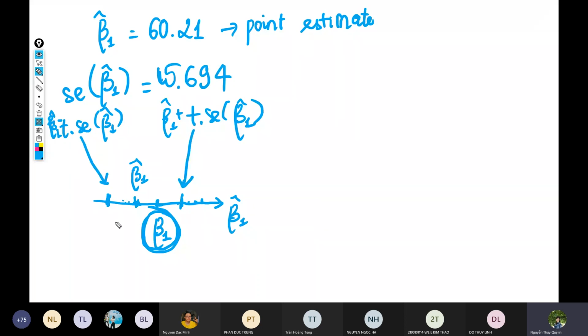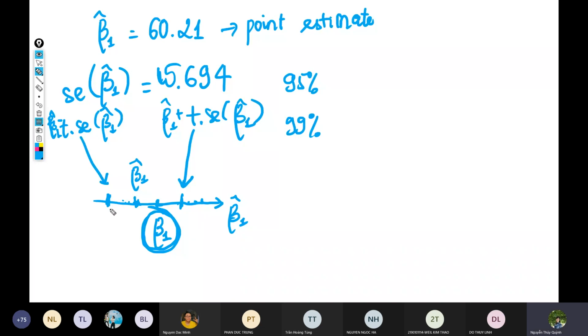We open a range around the point estimate, and we believe, at 95% or 99% for example, that we are 95% sure the actual value of beta 1 will be within this range.